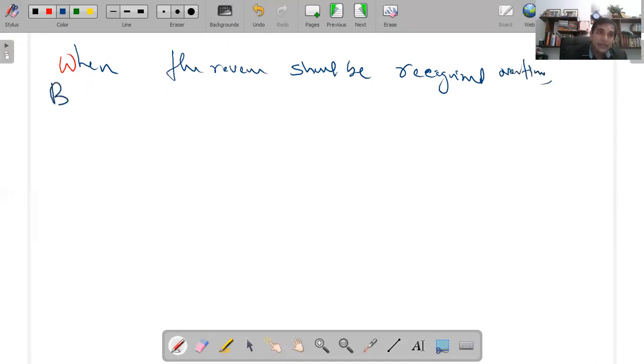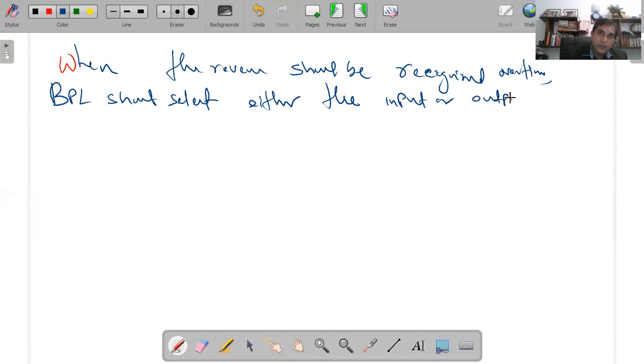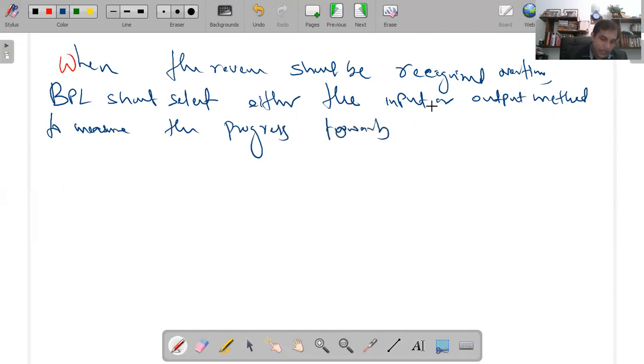BPL should select either the input or output method to measure the progress towards satisfying the performance obligation.